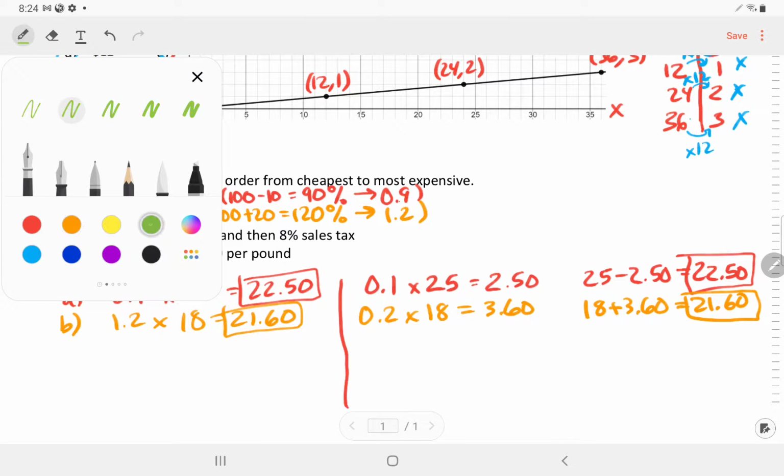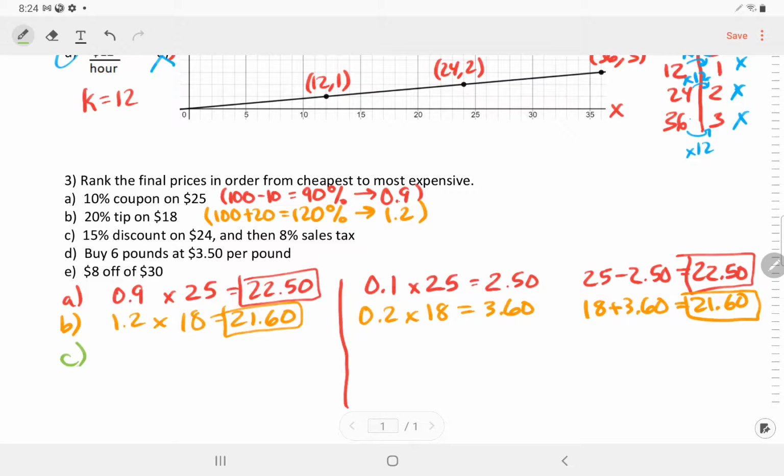For problem C, you will notice that we're taking a 15% discount on $24. So if we want to write that as a discount, we would subtract it from 100%, and we get 85%, and that can be rewritten as 0.85 as a multiplier. And to do 8% sales tax, we know sales tax means the price increases. So that would be 108%. And as a multiplier, it would be 1.08.